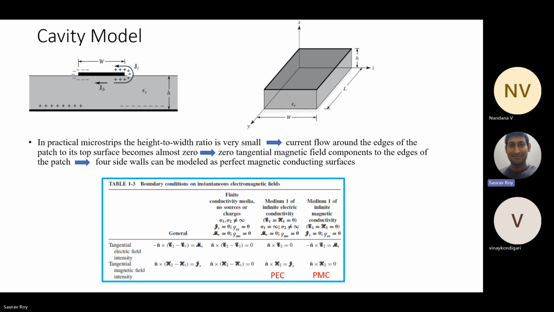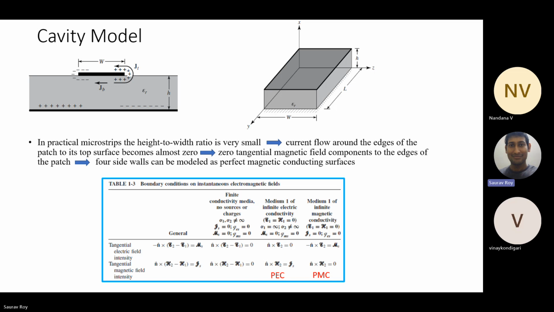The top layer is the metallic top patch layer and the bottom is the ground layer. Other than these two, there are four other layers. These are the side walls. What we called before slots, right? Two of these are radiating slots, and the other two are not. These are also side walls. You can look at them as side walls of the metallic cavity.